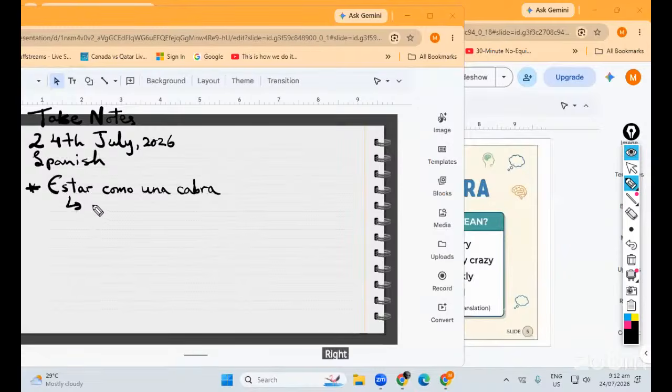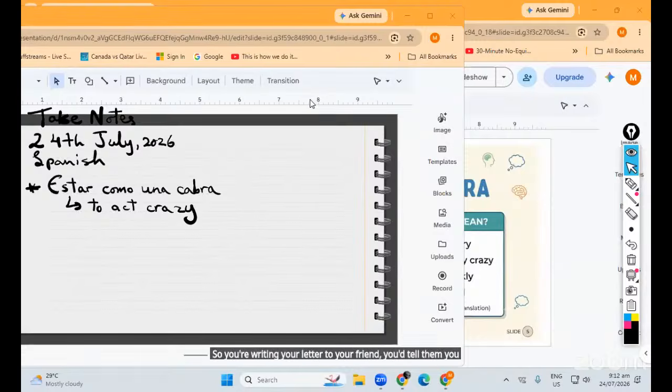And so what does that mean? To act crazy. So you're writing your letter to your friend, you're telling them you met somebody new, and you could use this expression: Estaba como una cabra, right?